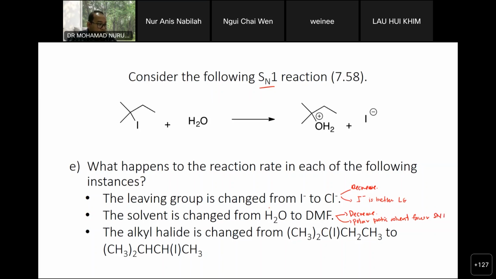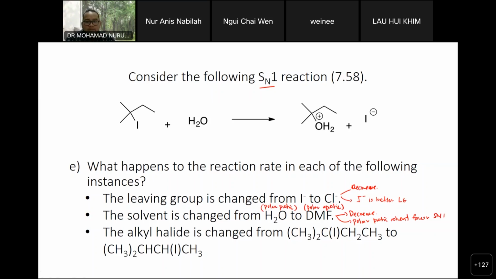So you have to memorize: water is polar protic, DMF is polar aprotic. Okay, so this is the answer why.